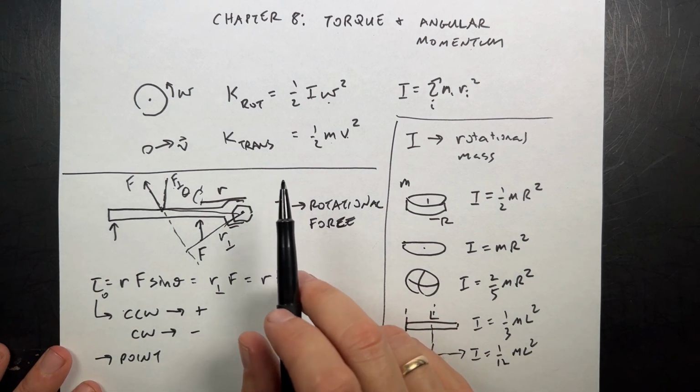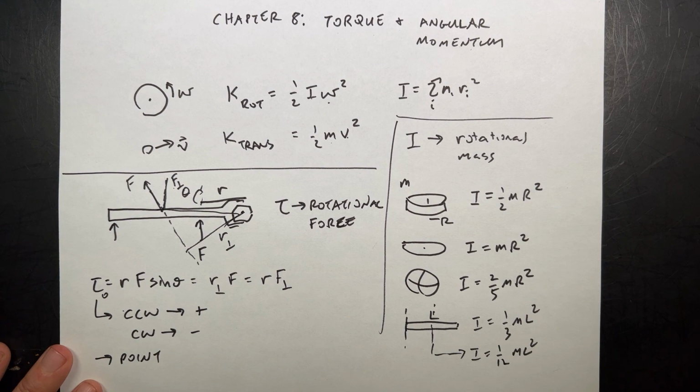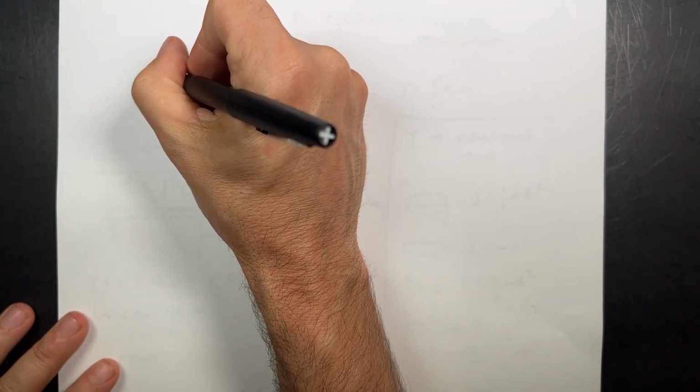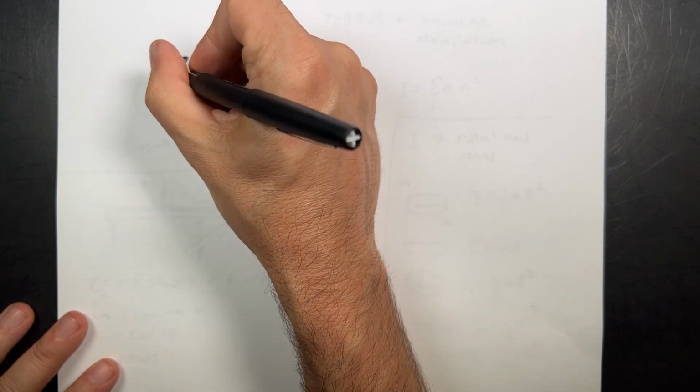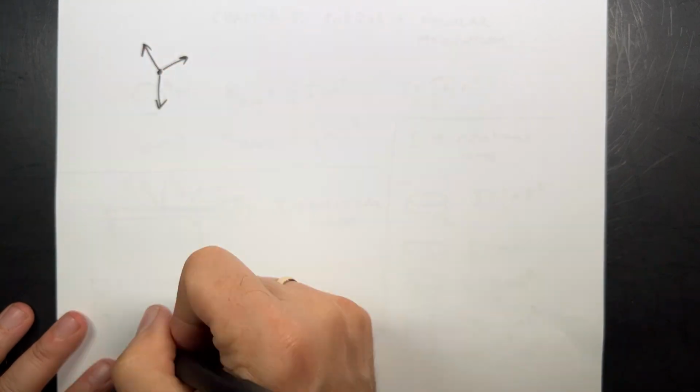Okay, the next thing is equilibrium. Up until this point, we've been dealing with equilibrium by saying, oh, look, here's an object that has some forces acting on it, like this, maybe those three forces.